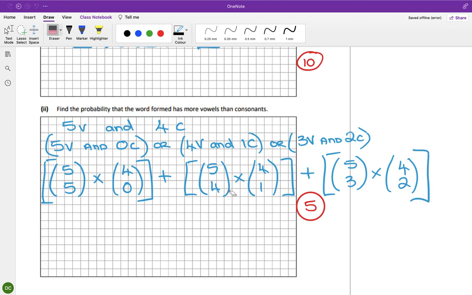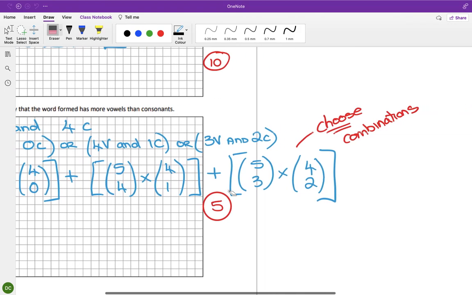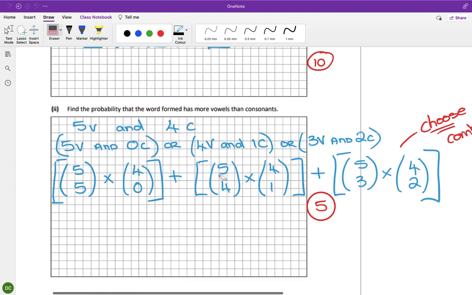Now, sorry, this is what I'm trying to think. So this method, this choosy method thing, that's combinations. And remember, in combinations, there's no permutations. So if I talk about, say, this one over here, 5 choose 5, that is where I have 5 vowels.